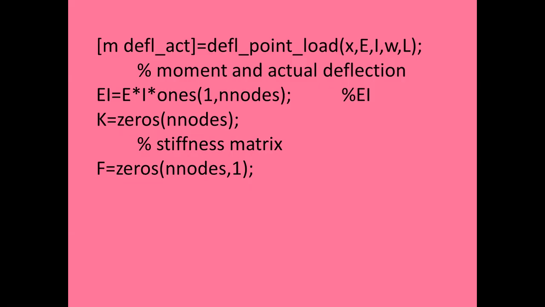This is going to generate a single column containing 21 rows, and at all those locations there are going to be 21 zeros.